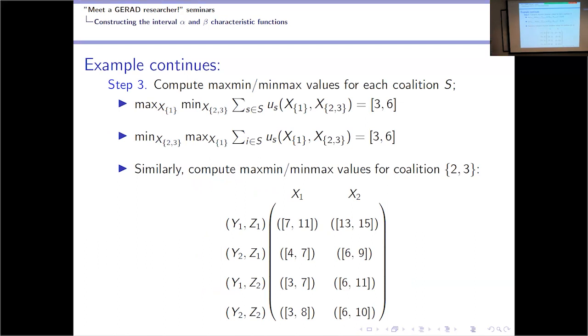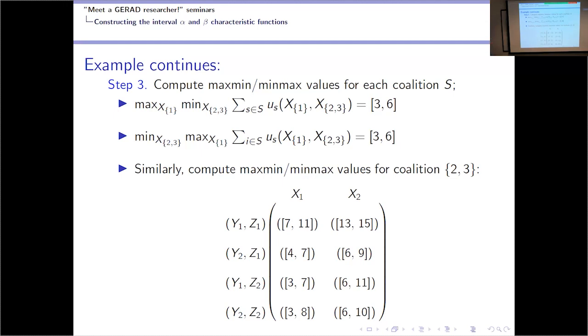And also, following the same procedure, you can find the min max value, which in our example, in this collision, is also the same as the max min, but it's okay. So similarly, compute the max min and min max value for collision 2, 3.